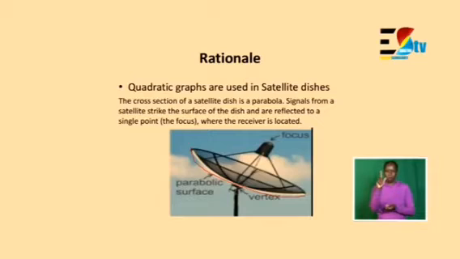Signals from the satellite strike the surface of this dish, and the signal is reflected to this focus. Okay, that's where the receiver is located. That's how the satellite dish works. So you see that we apply this idea of quadratic graphs even in our real life situation.